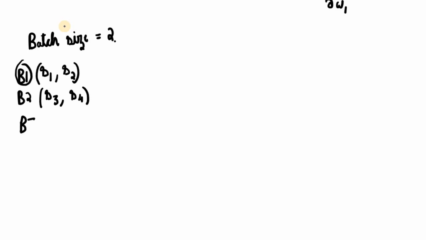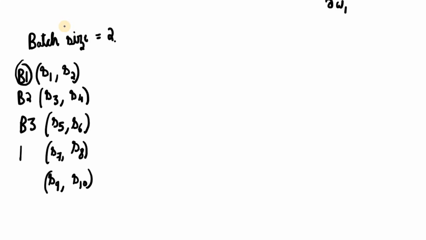So now we proceed with batch 3. Batch 3 will contain S5 and S6, and likewise we will have S7, S8, and eventually we are going to have S9 and S10. So this was batch number 4 and this was batch number 5.